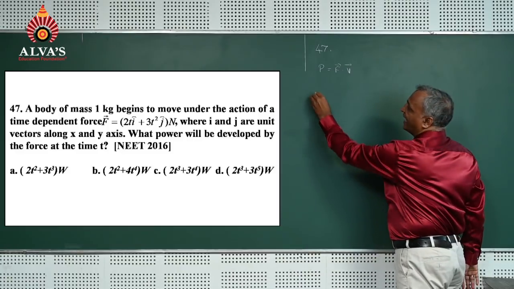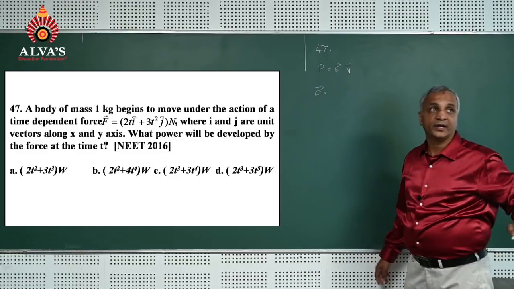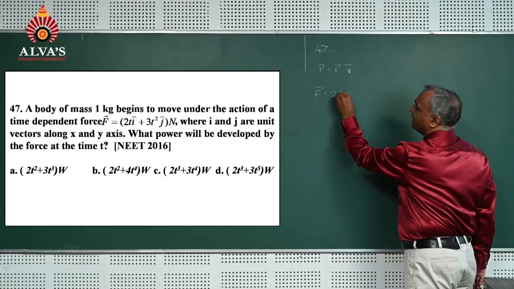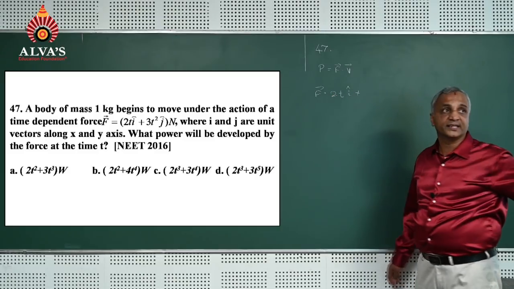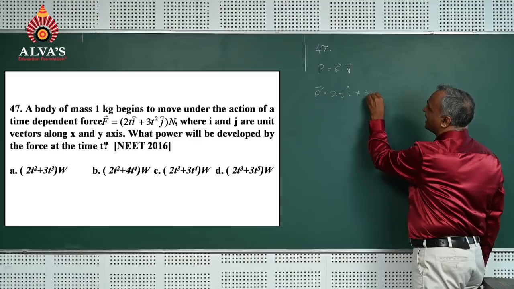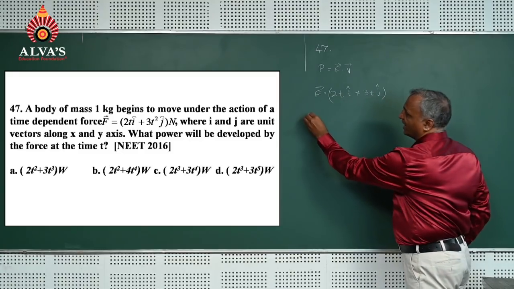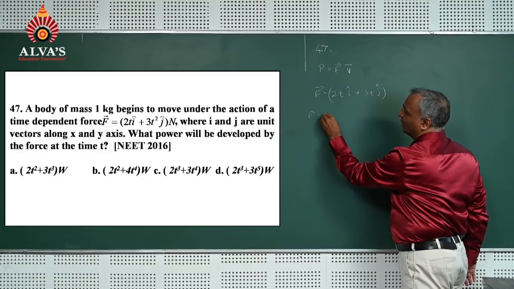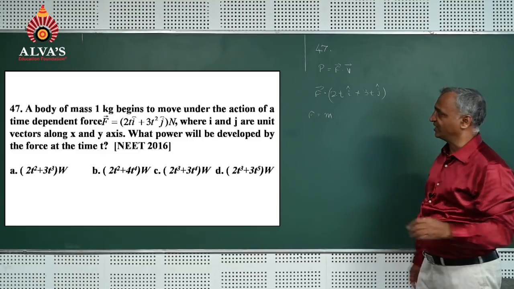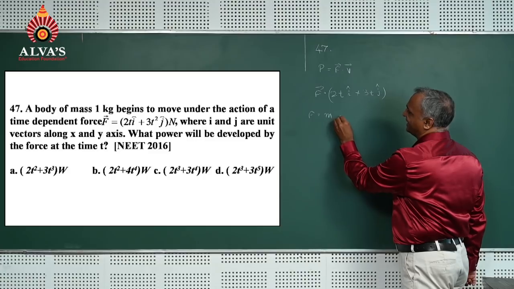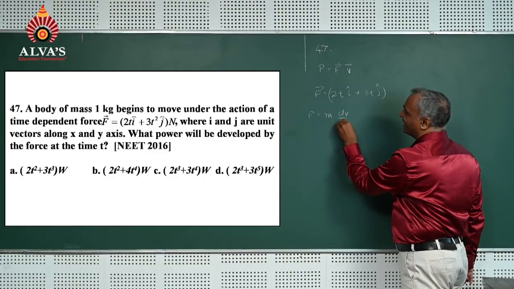For that, I have vector F is equal to 2t into i cap plus 3t square j cap, it is given. What I'll write is, according to second law, F is equal to mass into acceleration, and I can write acceleration as dv divided by dt.